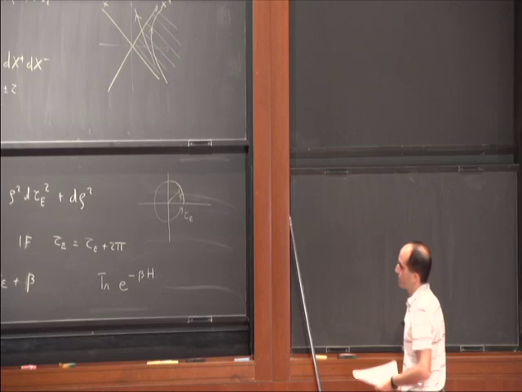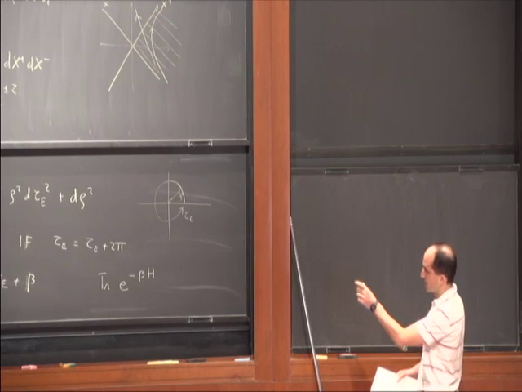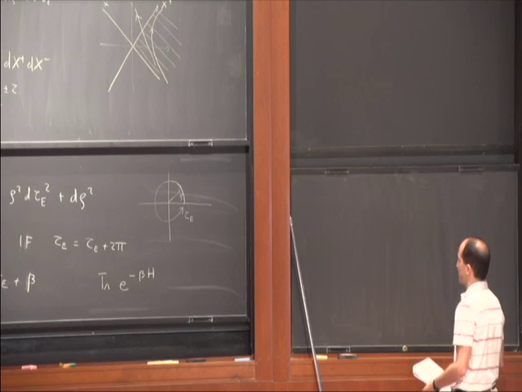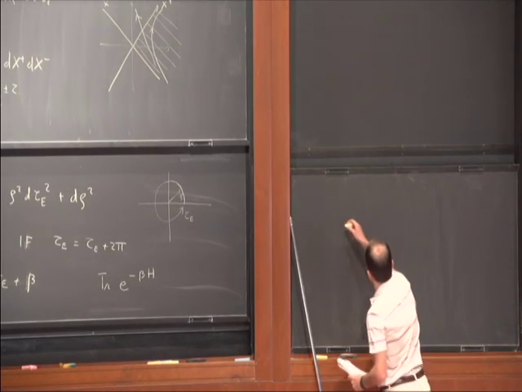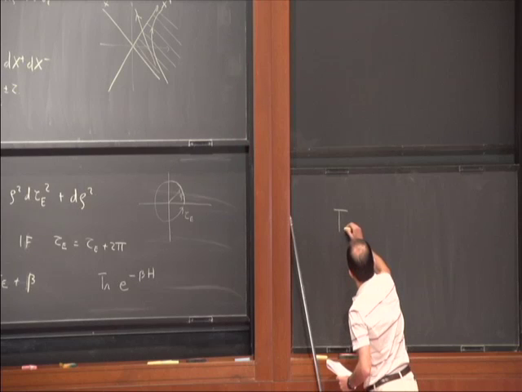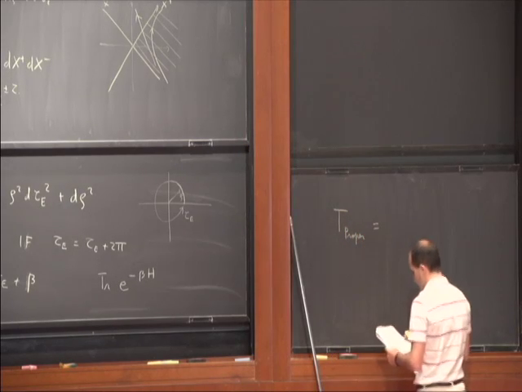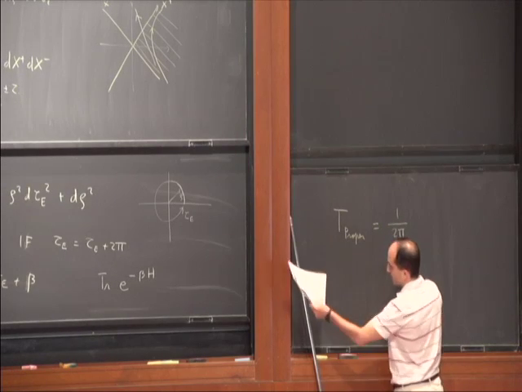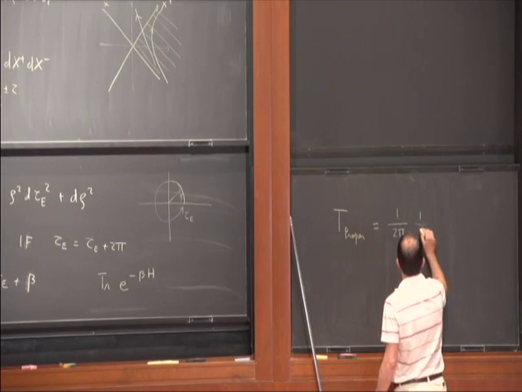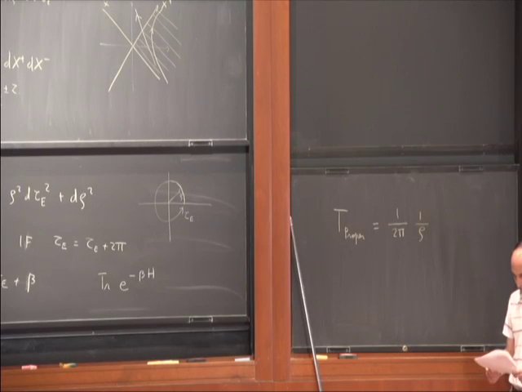And so if an observer is sitting at some particular value of rho, his proper time is given by rho times this t, and that puts an extra redshift factor, which says that the proper temperature, this is the temperature that a thermometer would measure, would be 1 over 2 pi. So that's the beta we just calculated. And then the 1 over rho, which comes from this redshift factor, the change of units. Okay.